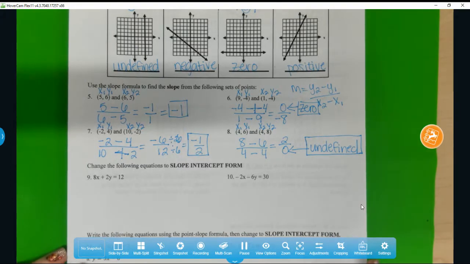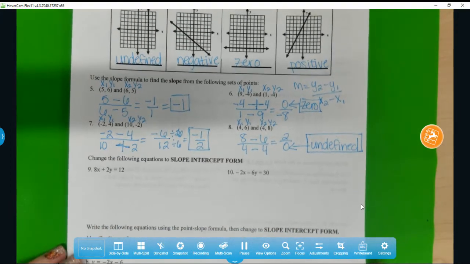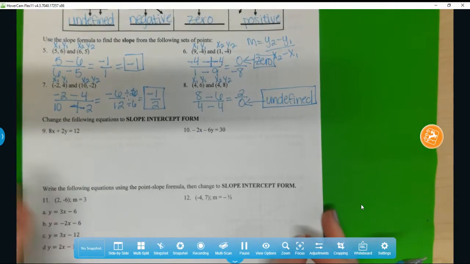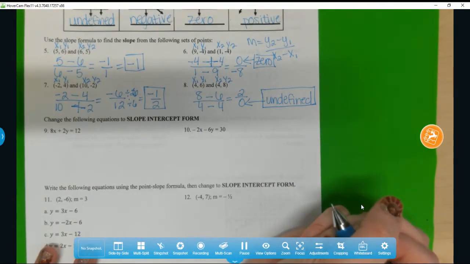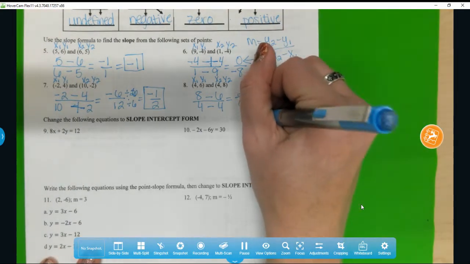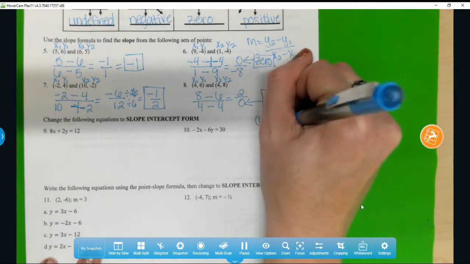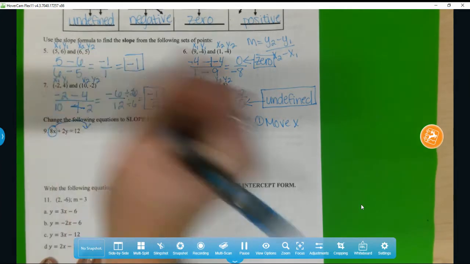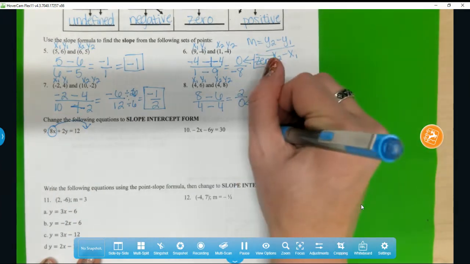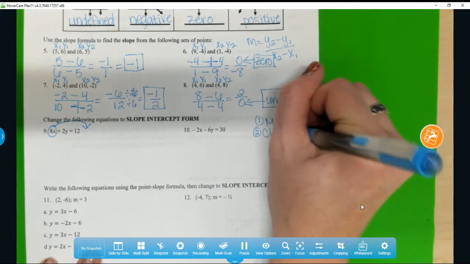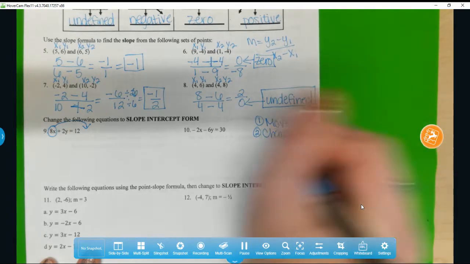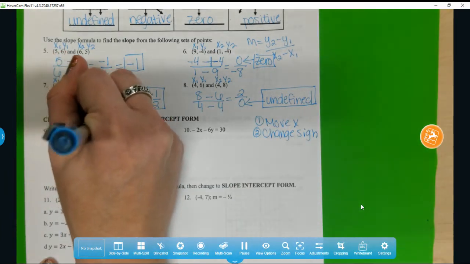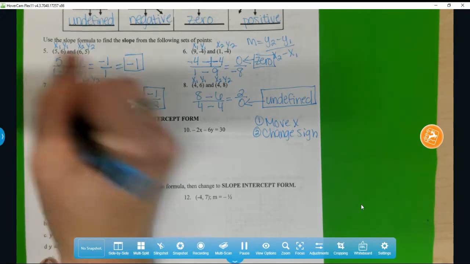Okay, we're going to change the following equations to slope-intercept form. So we are solving for y. Okay, so remember, we first move the x. So we're going to circle our x, and we're going to move it to the other side. Then we change the sign. So we have plus 8x, and it disappears from that side.